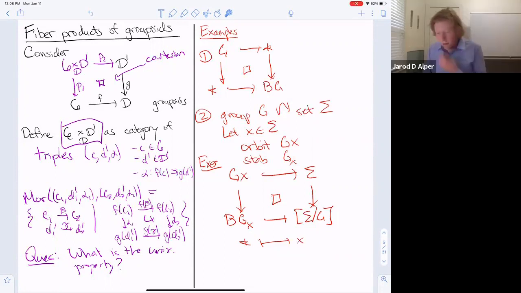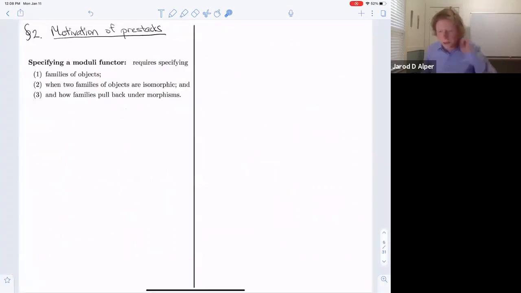Right. So here we go. But I'd like to first start with some motivation for prestacks quickly. And to begin with, let's just recall what is required in specifying a moduli functor. To specify a moduli functor, you need to specify families of objects over any scheme.